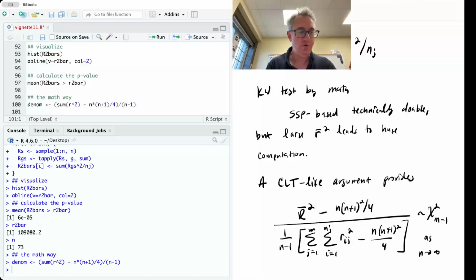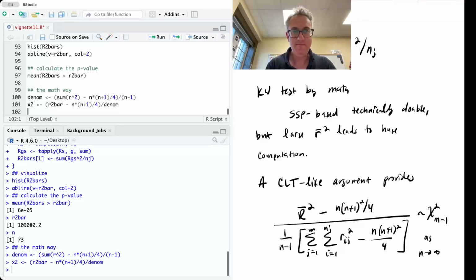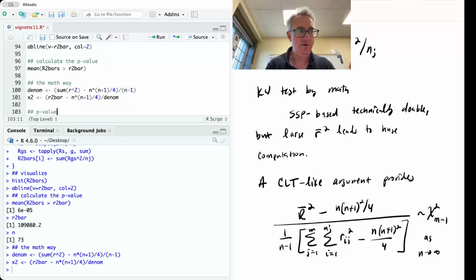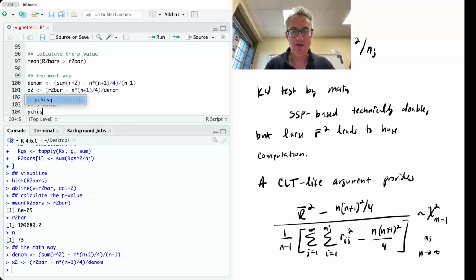And then the numerator, or the whole chi-squared statistic, is going to be R2 bar, our statistic, minus n times n plus 1 over 4, and then divide by the denominator. So if I've done that right, the p-value is pchisq of the statistic with m minus 1 degrees of freedom, lower equals false.